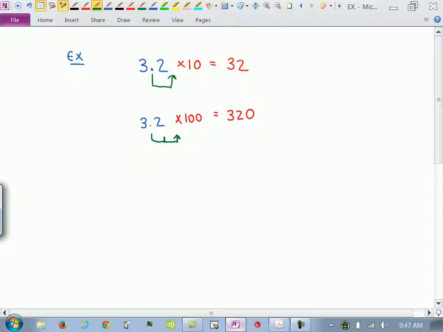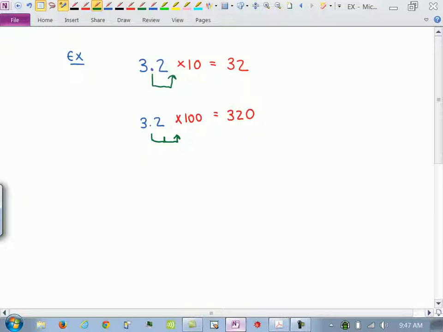Does that make sense? This is stuff hopefully you've seen. And what if I multiply by 1,000? It would move it 3 places over, so it would be 3,200. All right, so just keep that in mind that if we want to move decimals over, all we have to do is multiply it by powers of 10. 10 or 100 or 1,000.